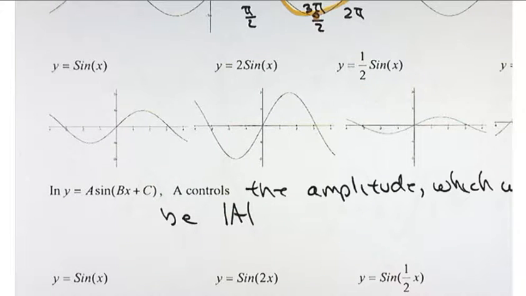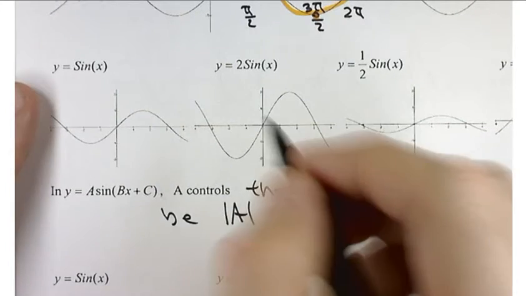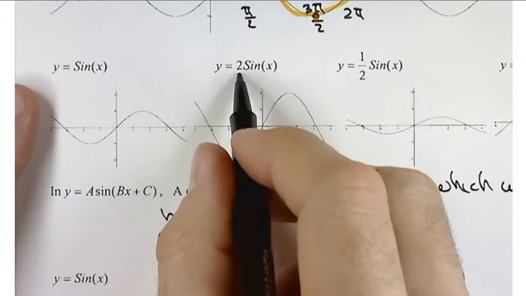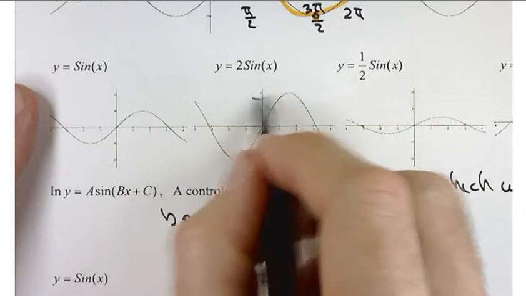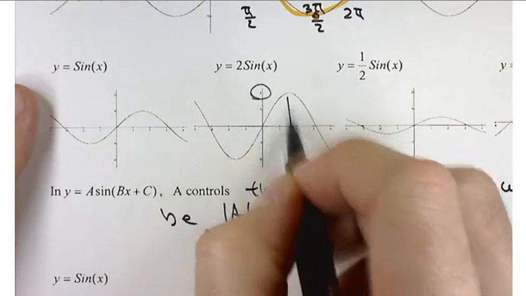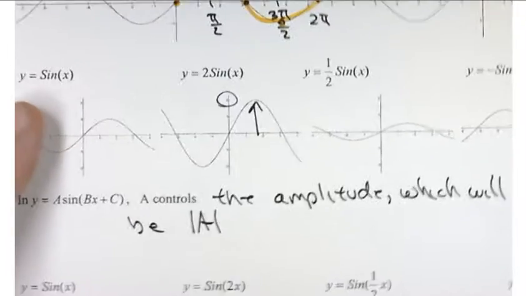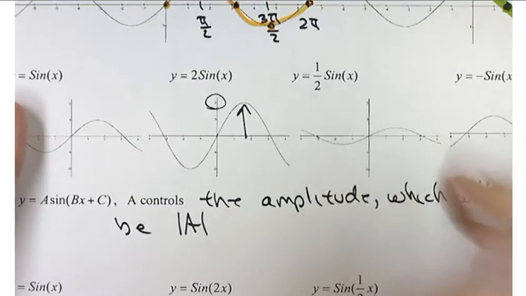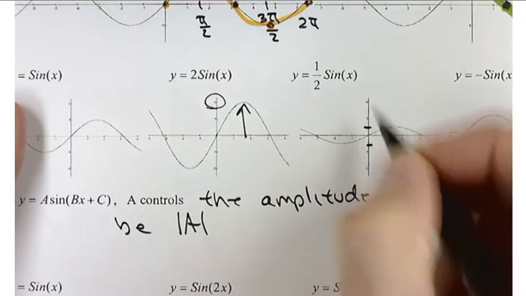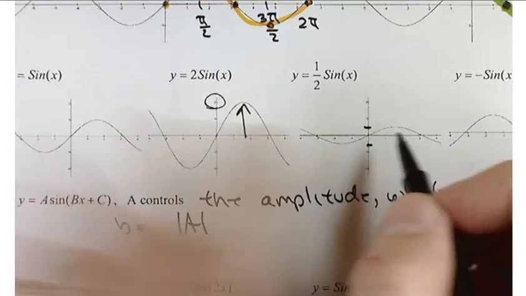That's how tall this function is going to be. You can see it. Over here, when you have 2 sine of x, the height goes up to 2. And that height there, the distance from the center line, that's your amplitude. For the next one, well, that one's not so tall, is it? But that's because the amplitude's been reduced to 1/2.